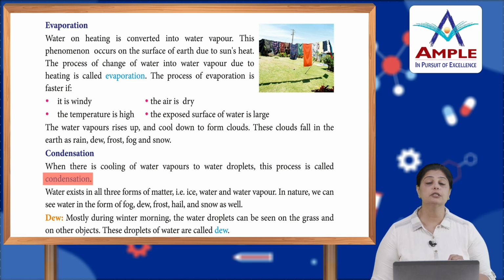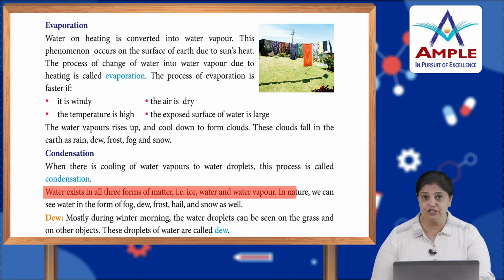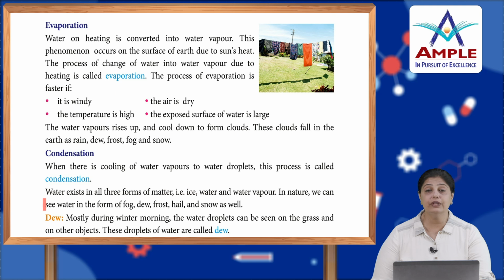This process is called condensation. Now, water exists in all three forms of matter: it exists as ice, which is the solid form, as water, which is the liquid form, and as water vapor, which is the gaseous form. In nature we can see water in the form of fog, dew, frost, hail and snow as well.